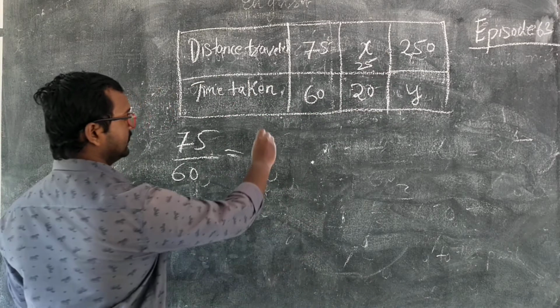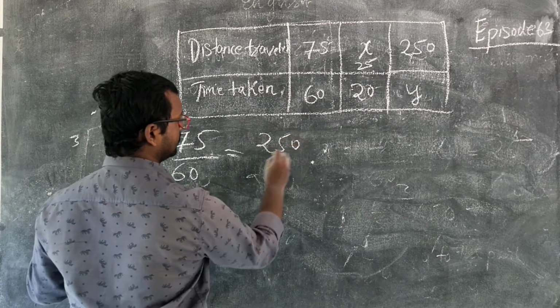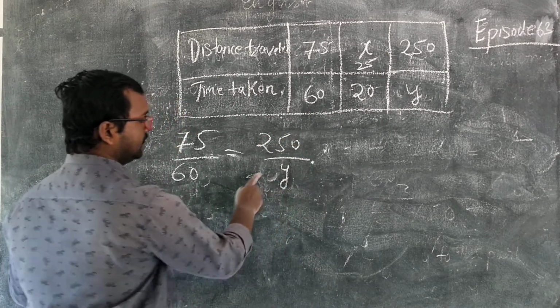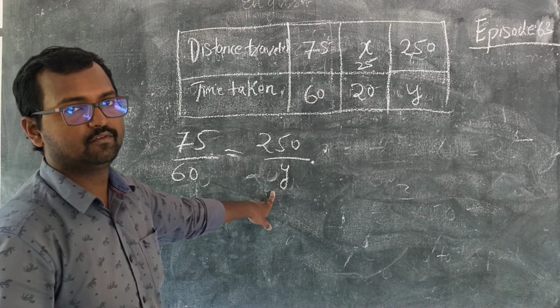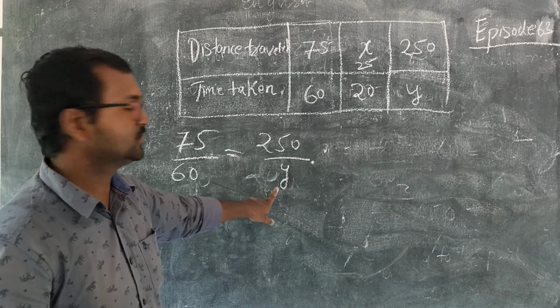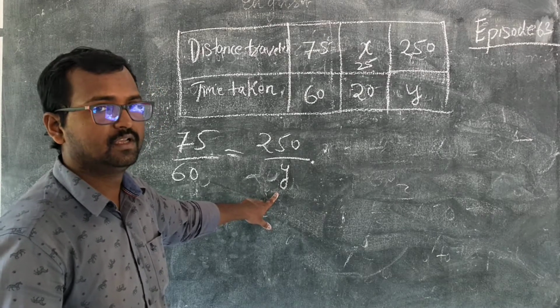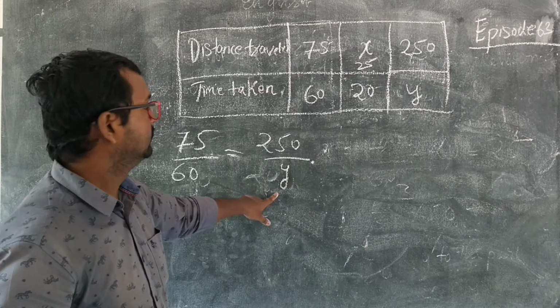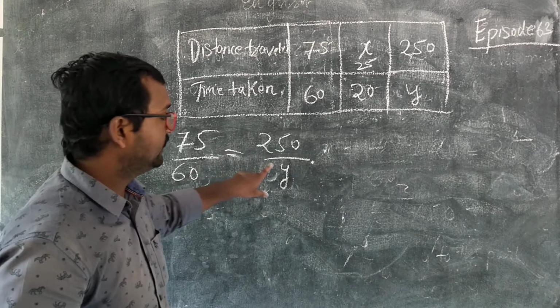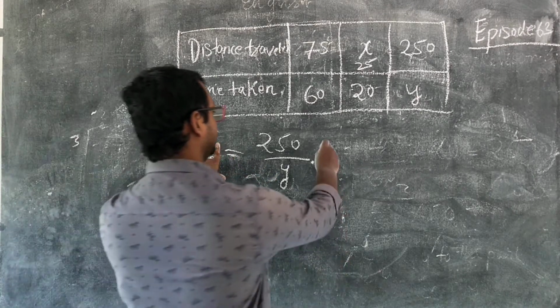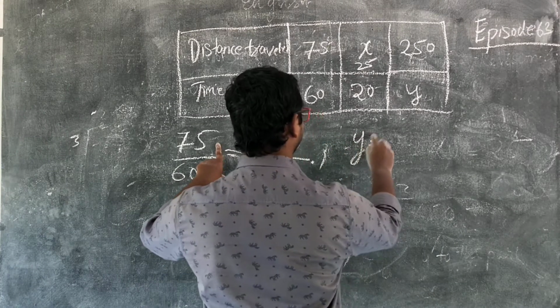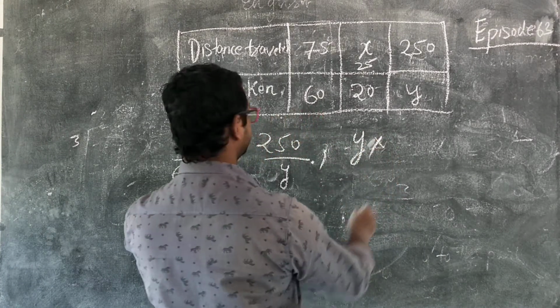The distance traveled is 250 by y. Now see, the value of y is in the denominator. We do not want the value of y in the denominator, we want to find the value of y. So that's why we will move it into the numerator. To move it into the numerator, we have to do cross multiplication. When we do cross multiplication, this will move from here to here. We will get y into 75.